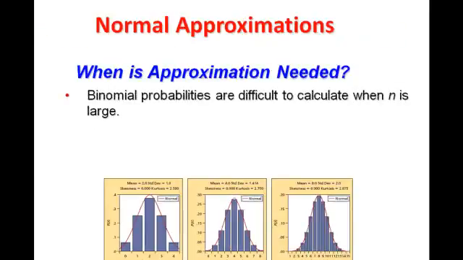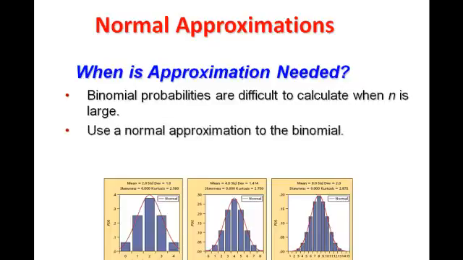So, there's another time when we might need to use the normal distribution to approximate the binomial. And remember, binomial probabilities, that's the one we just learned. The binomial probability is the probability of success and failure is the same from trial to trial.